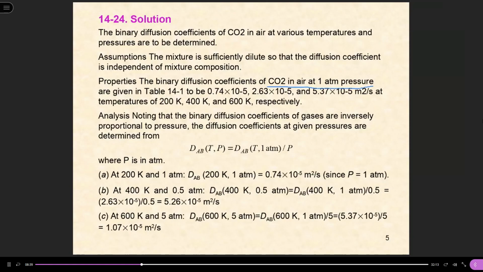We have to find a table for air at 1 atmospheric pressure, where you can find values at different temperatures. Then we have the equation that relates D at different pressures, okay? From the 1 atmospheric pressure, you only need to modify it by dividing by the pressure.